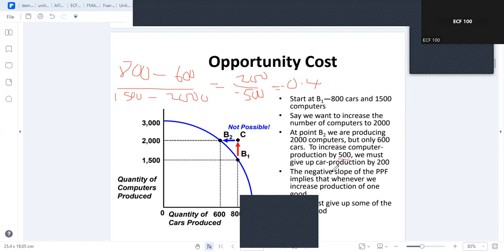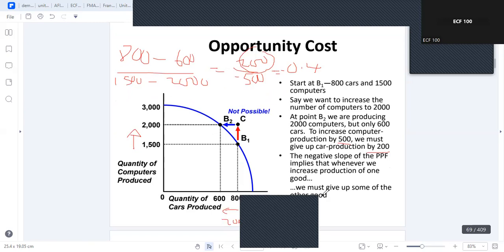But this means that we're going to give up how many? 200 cars. So this 200 is the opportunity cost that we have. We're going down by 200 cars to increase our production from 1,500 to 2,000. So we're going to have a negative slope of the PPF.